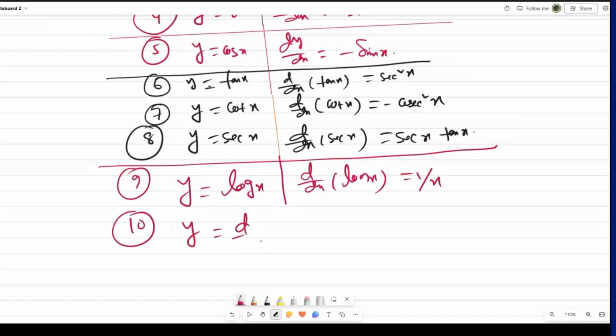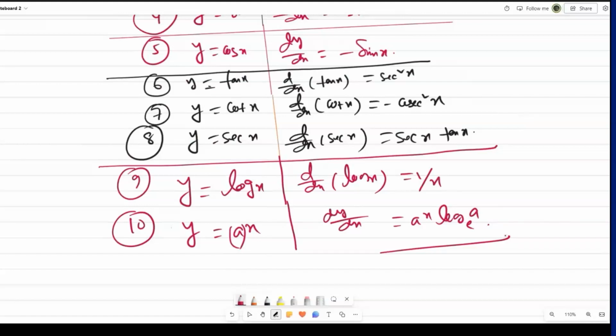Then we write y equal to a to the power x. dy by dx will be a to the power x log a base e.